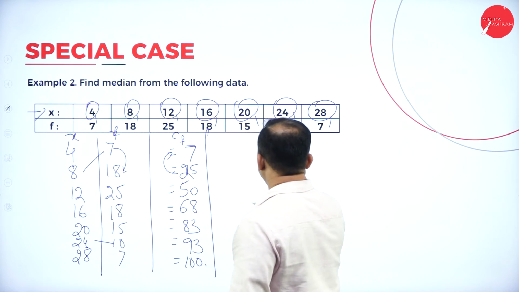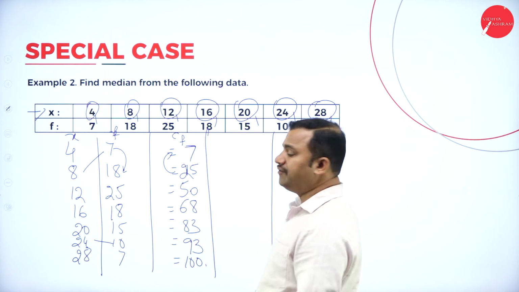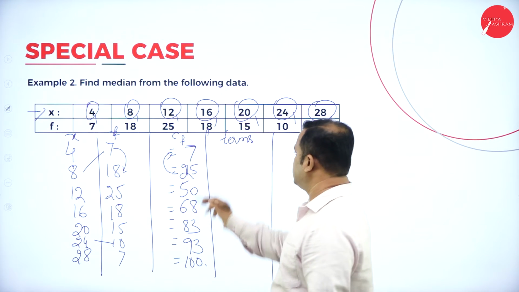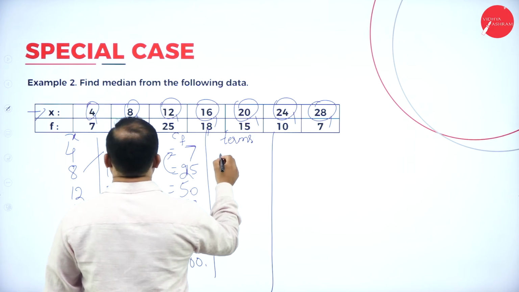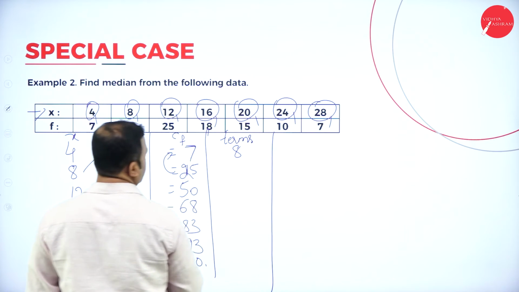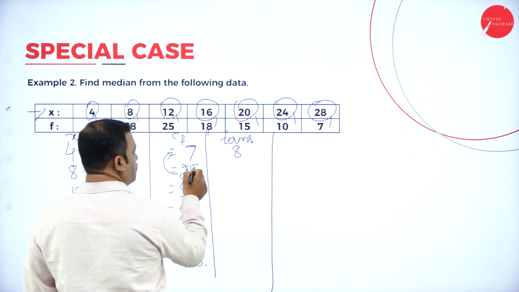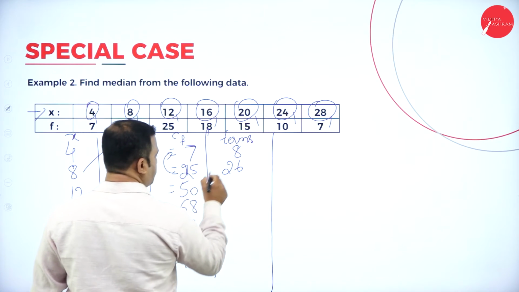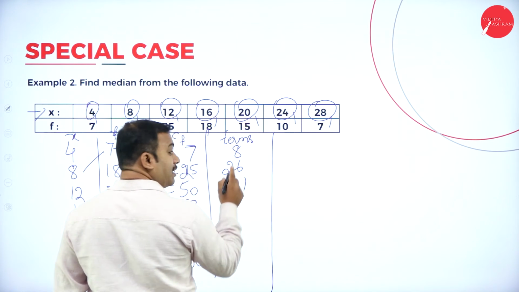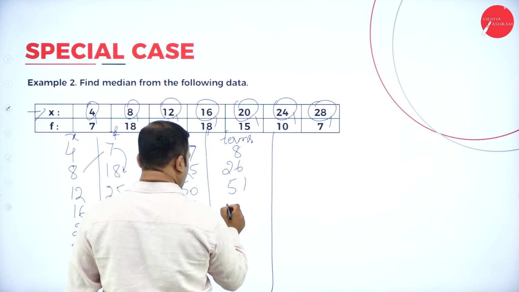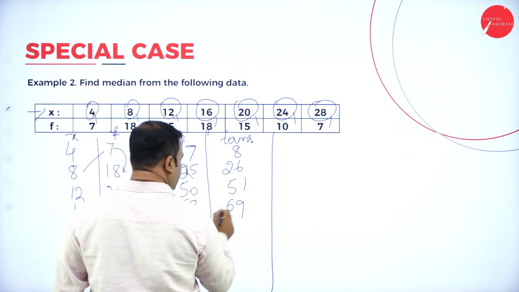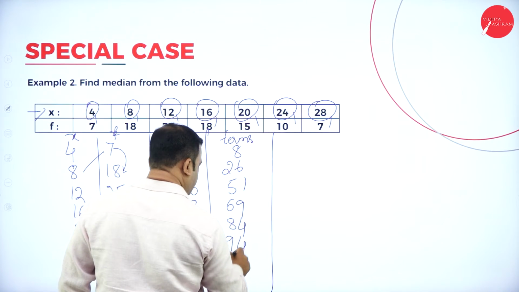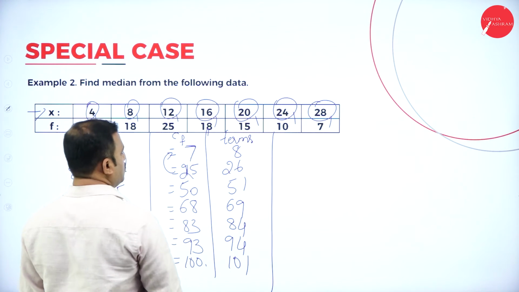Now, which is the next column? We have to find out the terms. How can we find out the terms? 7 plus 1 is equal to 8. 25 plus 1 is 26. 50 plus 1 is 51, n plus 1. 68 plus 1 is 69. 83 plus 1 is 84. 93 plus 1 is 94. 100 plus 1 is 101.